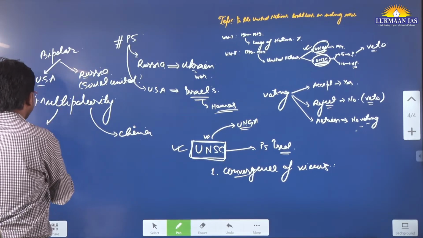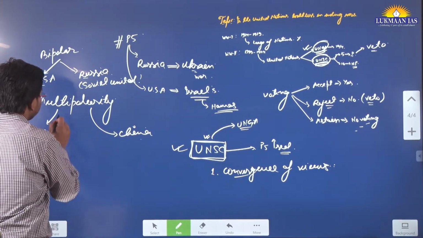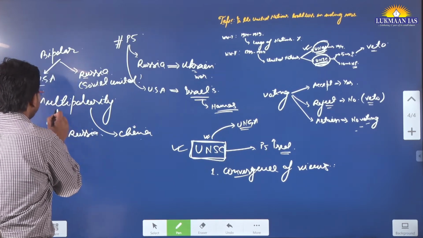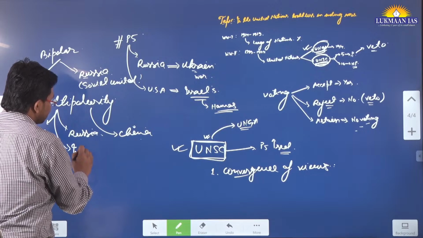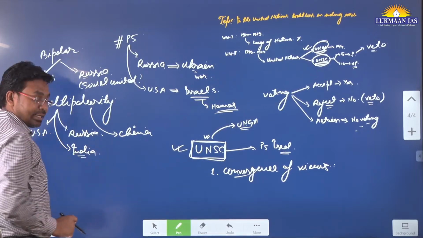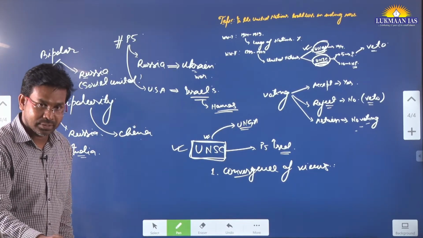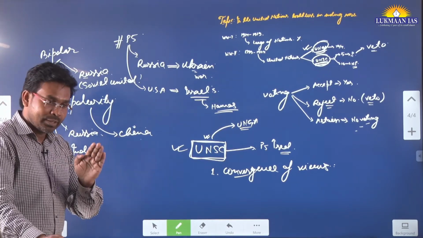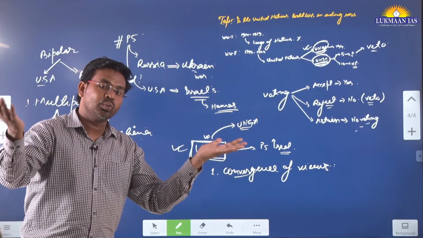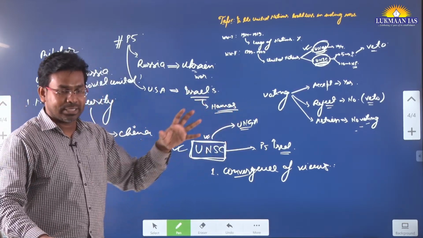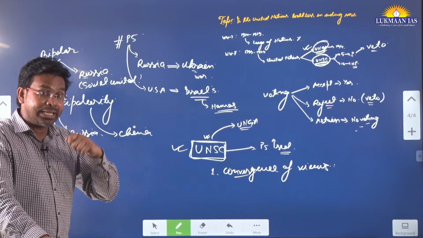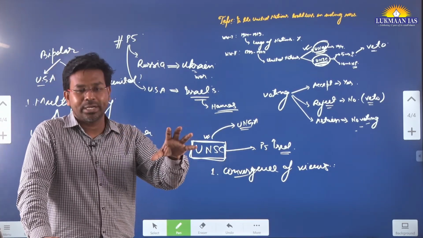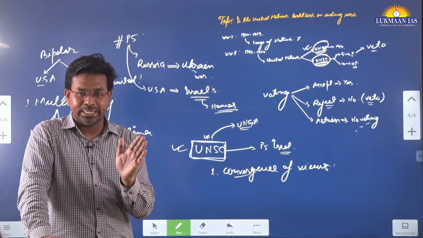USA has been a powerful country and still has power. Russia has emerged as a powerful country. Apart from this, India has also emerged. And there are many other countries that have acquired nuclear weapons. So at this point of time, the world is not divided into two poles. Many countries are playing a key role in the international scenario in geopolitics. So there is multipolarity.